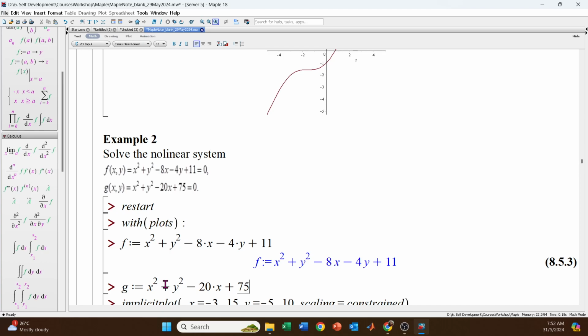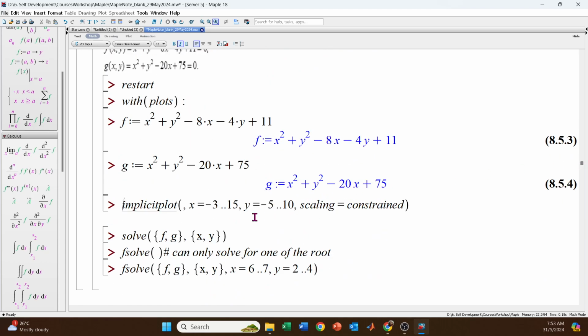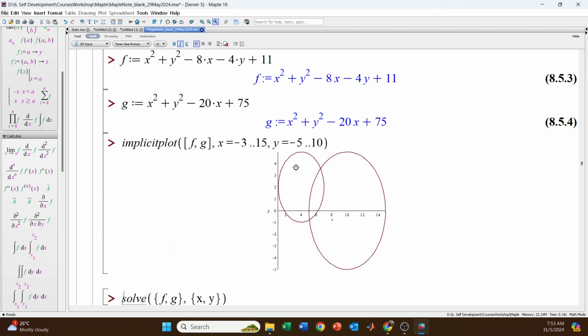Later on I use implicit plot. I want to plot f and g, since I have defined them already. You see the difference? Is it scaling constrained or not constrained? Like this, they're not in their actual ratio.